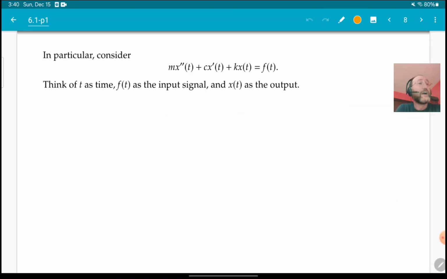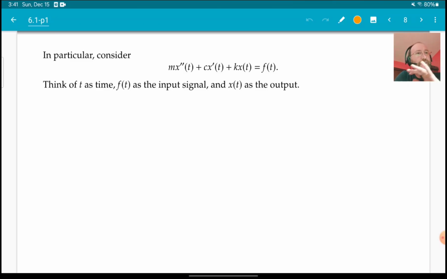So how does this apply to solving differential equations? Again, we haven't yet defined the Laplace transform. We'll do it later. But how are we going to use this? In this entire chapter, we have an equation like this: an equation in x, where m, c, and k are some constants, and there's some right-hand side f.